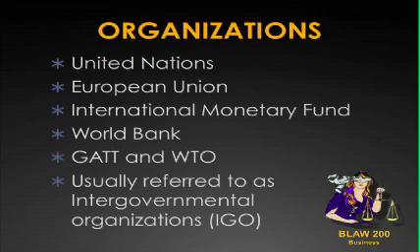There's the General Agreement on Trade and Tariffs, World Trade Organization. These are referred to generally as IGOs, intergovernmental organizations, and the pronouncements and decisions, etc., of these groups may be considered to be international law if accepted by sufficient people.